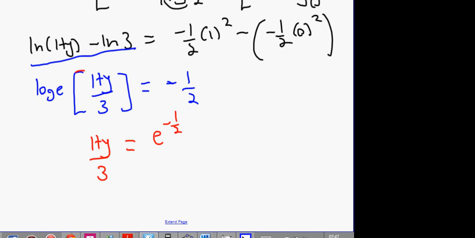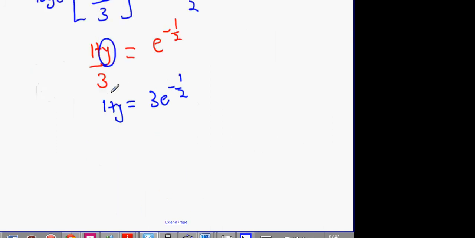Your whole goal is to isolate y. So what we're going to get is 1 plus y equals 3 e to the power of minus a half. And then move the 1 over to the other side. y equals 3 e to the power of minus a half plus 1. Oh, sorry, minus 1. Excuse me.